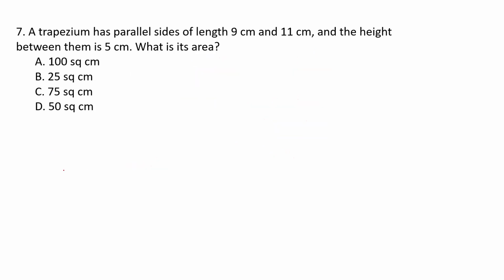Right? Next problem. A trapezium has parallel sides of length 9 and 11. First thing you have to do is draw the shape. What is a trapezium? A trapezium is a shape of this type, where only two sides are parallel, and two sides are non-parallel. Okay? So now, let's see what they are saying. Parallel sides are of length 9 and 11.